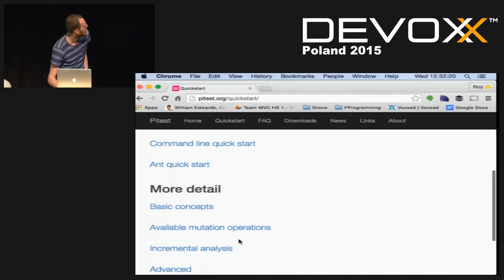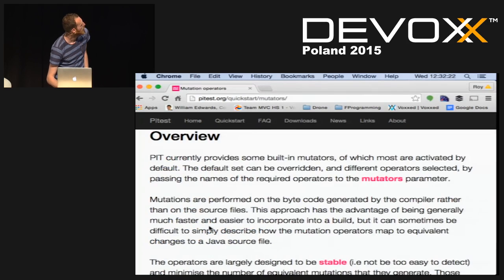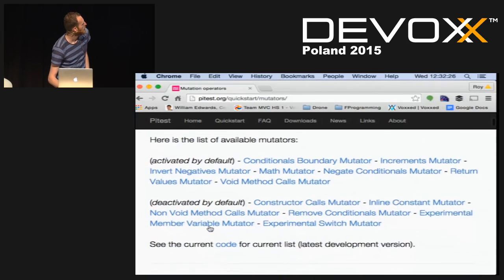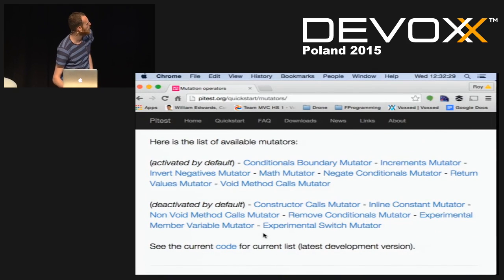Where's available mutation operations? It's a pretty big list. You can see some are deactivated by default and some are activated by default. This was the void method call I was talking about. There aren't really that many. I thought there were more, but maybe below.